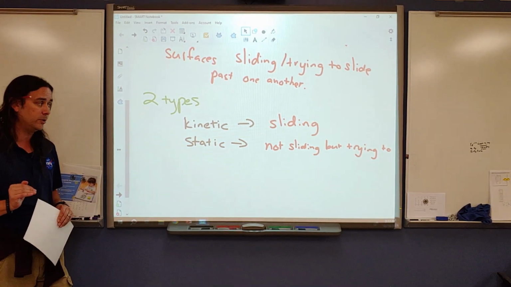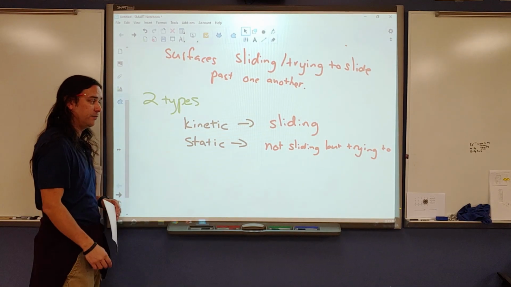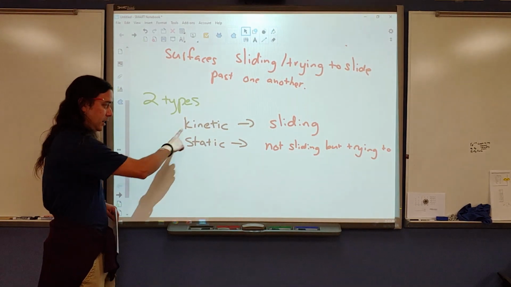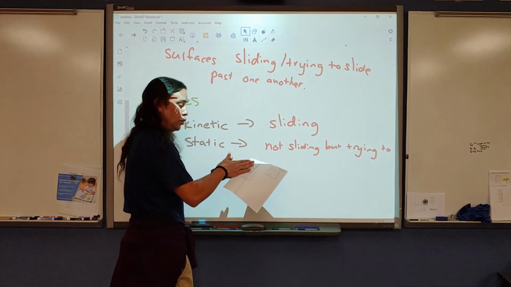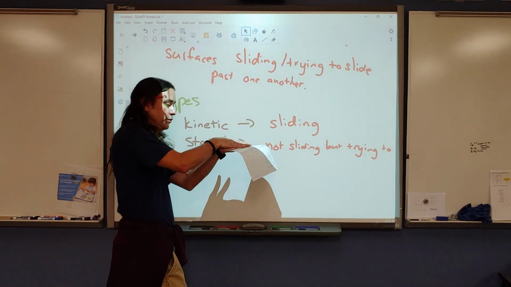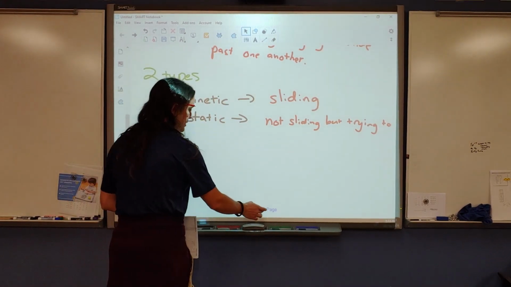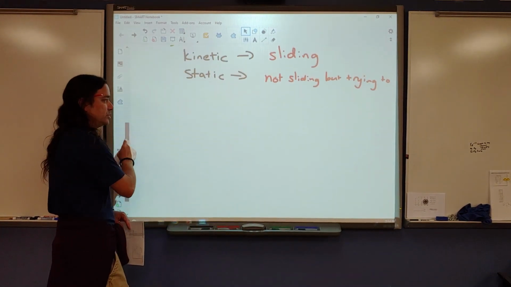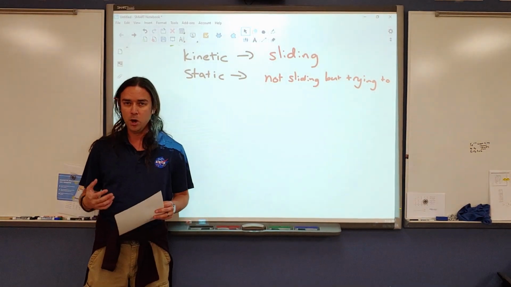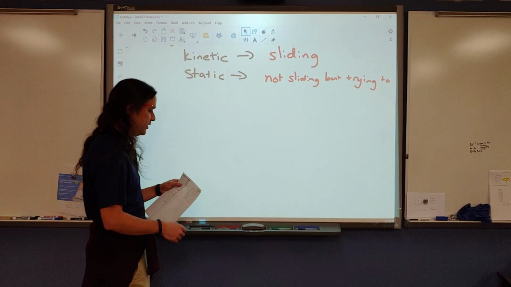Do not fall into the common trap of thinking kinetic applies if things are moving and static applies if things are not moving. Kinetic friction applies when the surfaces are sliding, and static friction applies when the surfaces are not sliding but trying to slide. Now, that may seem like an odd distinction, but we'll see in some of our examples why that's an important one to embrace. But we'll get back to that soon enough.